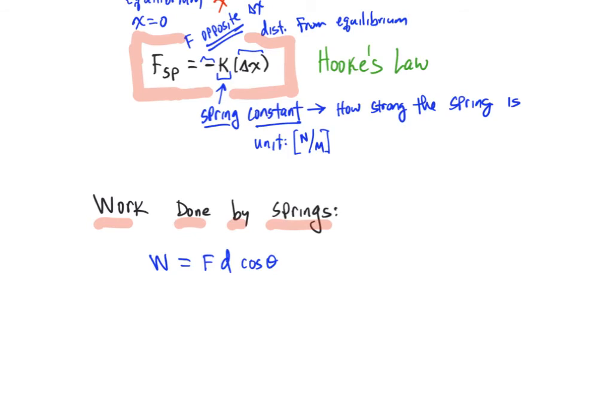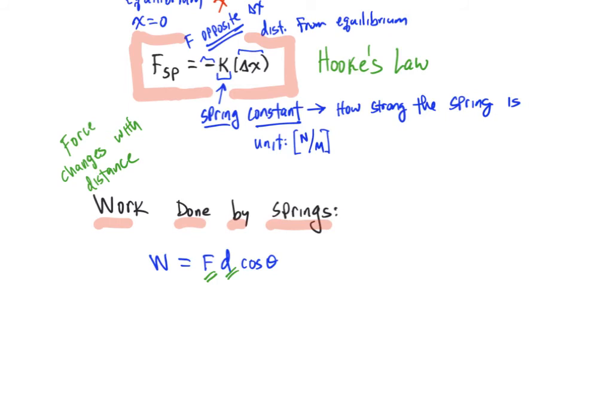The whole point of Hooke's law is that the force is not constant. So the force changes with the distance. And if that's the case, that means that this F is changing as d changes. So that makes this a little bit tricky.